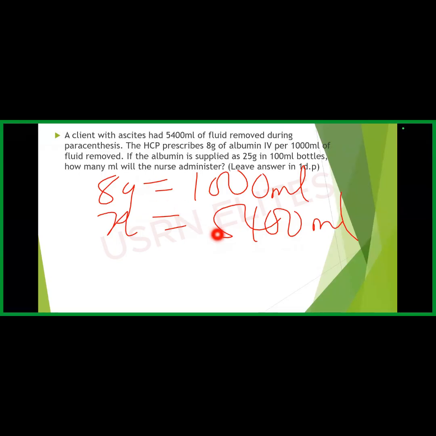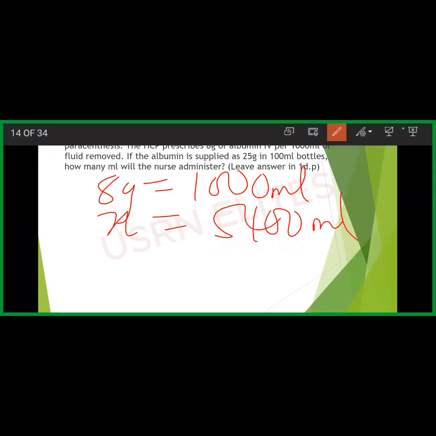So you do your cross multiplication. 8 times 5,400, what are you getting? Are you getting something like 43,200, right? 43,200 is equal to 1000x.